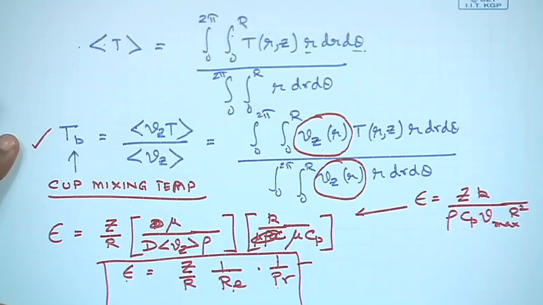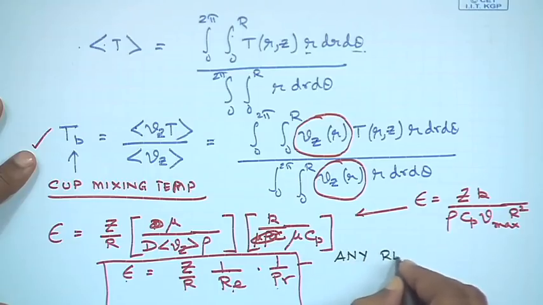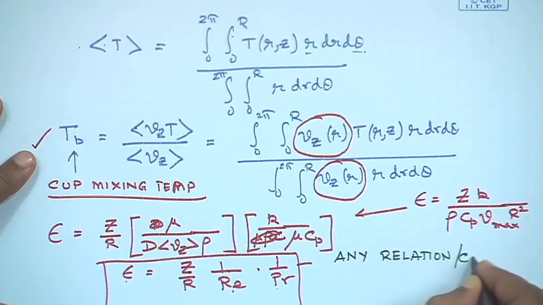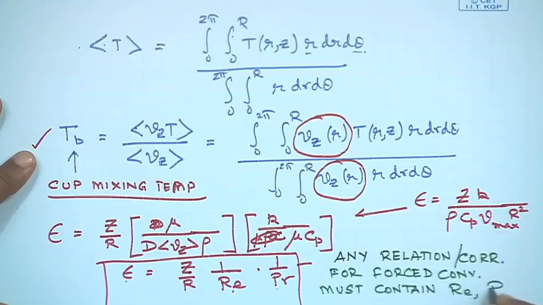So, one would expect that any relation or correlation for forced convection must contain Reynolds number and Prandtl number.